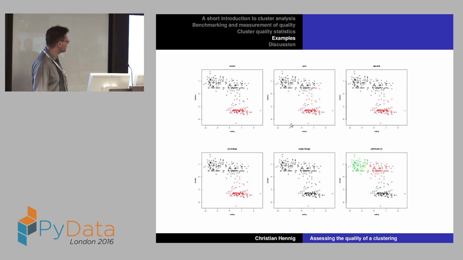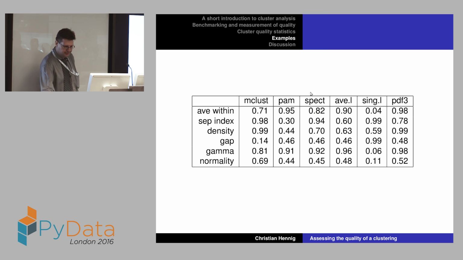So the PAM clustering is this one, which looks a bit weird from the points here. And you see that this is actually fairly good when it comes to average within cluster distances. But regarding most other criteria, this is worse than the one you get from mclust and many others here.